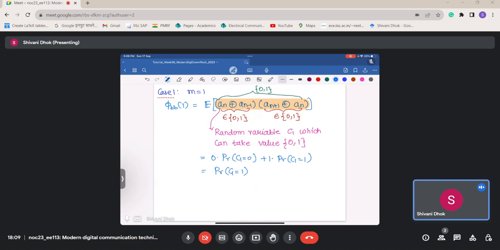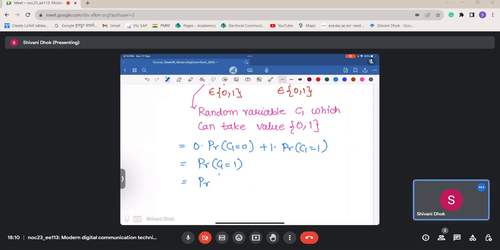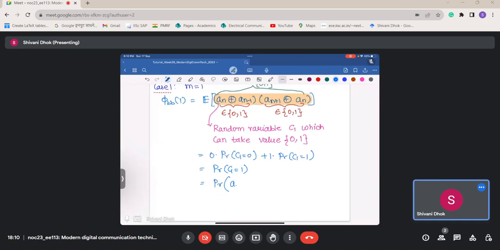Now when will c1 take value 1? It will take value 1 only when En XOR En minus 1 is equal to 1 and En plus 1 XOR En is equal to 1. This is equivalent to writing the probability that En XOR En minus 1 is equal to 1 and En XOR En plus 1 is equal to 1.